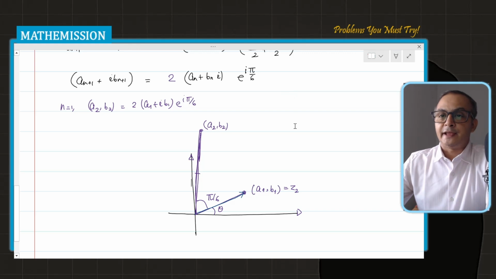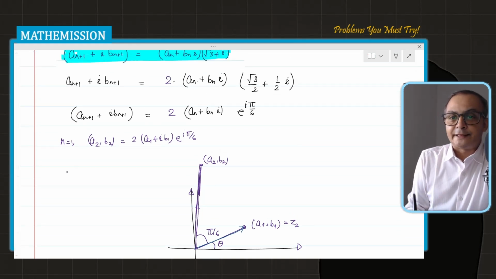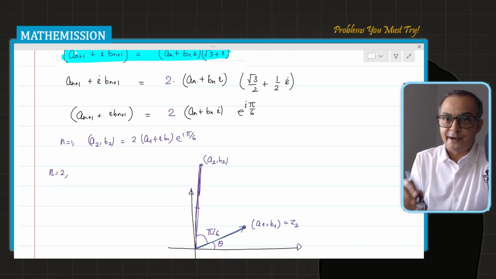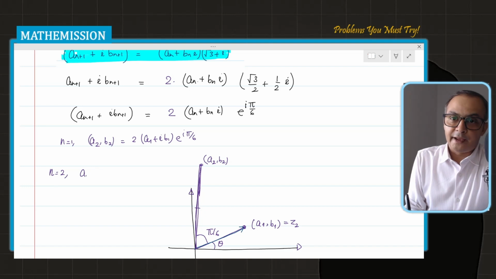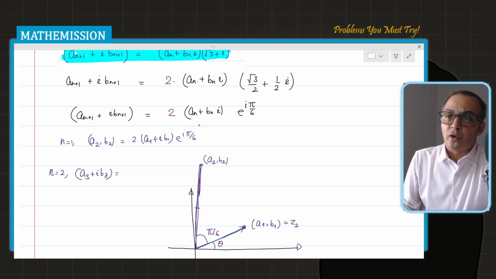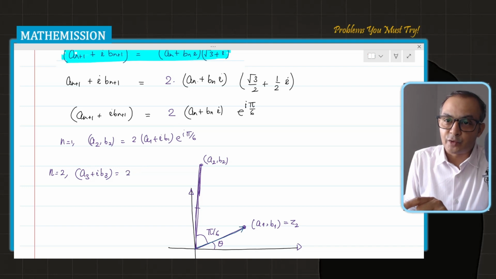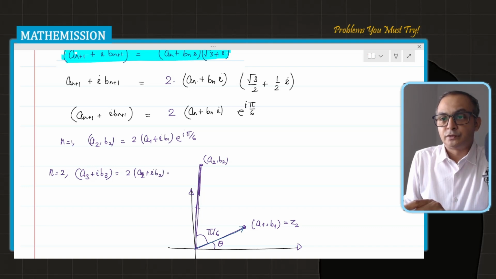In order to find a3, b3, you now get the idea of what will happen. To find a3, b3, it means I have to take n equal to 2 at this value, so it will become a3 plus i b3, or you can say a3, b3, it doesn't matter. And what will happen? You are now getting this as twice of a2 plus i b2 and e to the power i pi by 6.